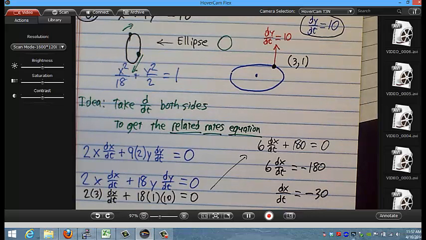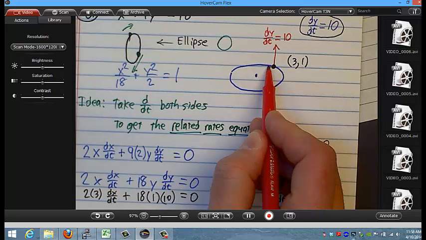Now, I don't expect that we have all that many astronomers in here, but I am going to represent what that means on my picture. When I say dx dt is negative 30, that means as time goes by, the x is moving which way, right or left? Now you know it's moving left. It's negative. And I claim it would be doing 3 times as much in that direction, right?